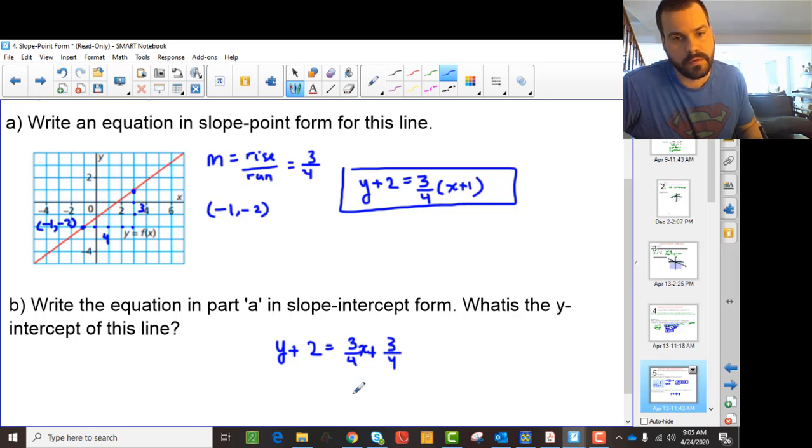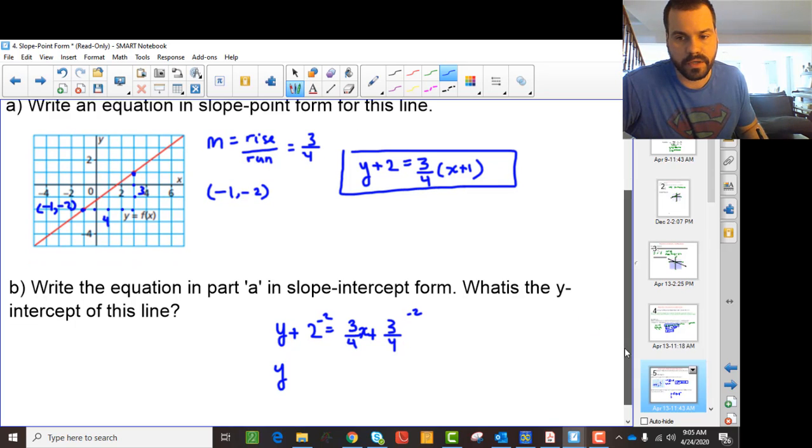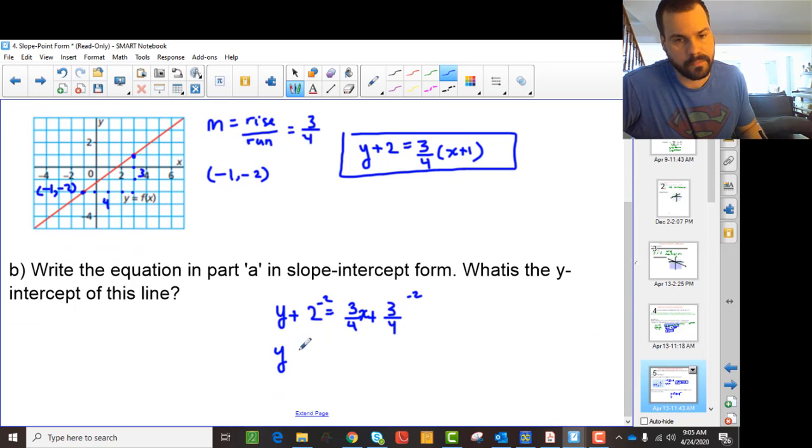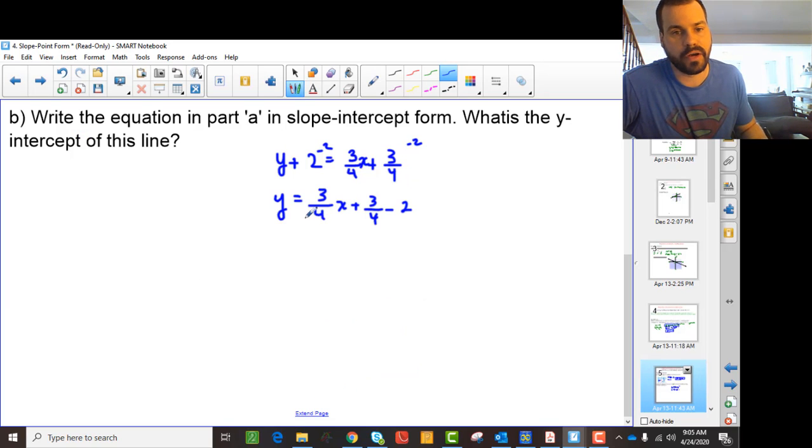Okay. And then I subtract 2 from both sides. So I subtract 2 from here and subtract 2 from here. And this is where it gets interesting, I guess, because we have to take 3/4 and subtract 2. Okay, now 2, if we write it as a fraction over 4, is 8 over 4.